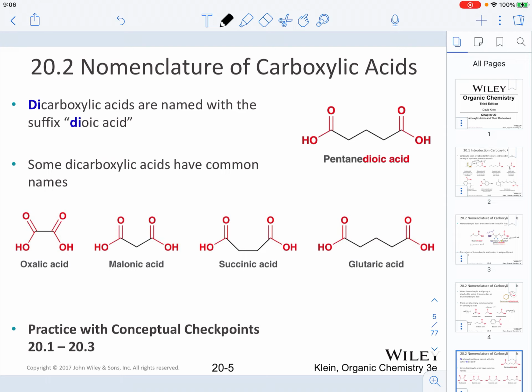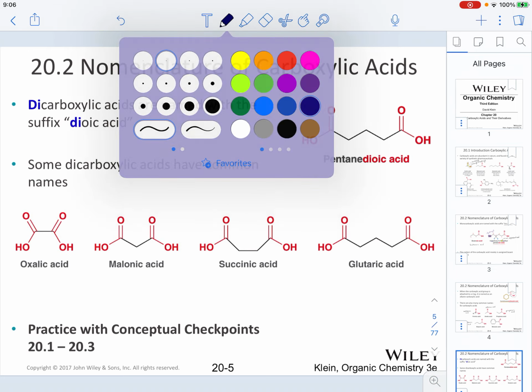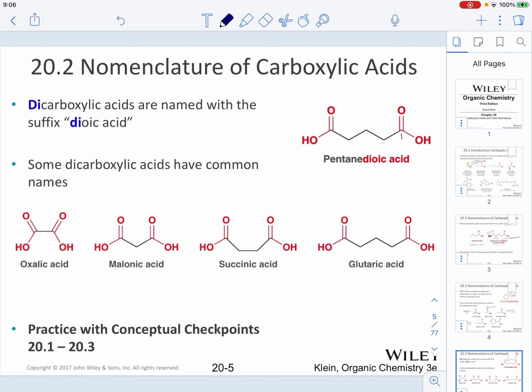Now, in one molecule, we can also have 2 carboxylic acids present. So understand that when we have a dicarboxylic acid, they are named with the suffix -dioic acid. For example, the molecule that we have in the corner, if we number the carbon atoms, there is 1, 2, 3, 4, 5.